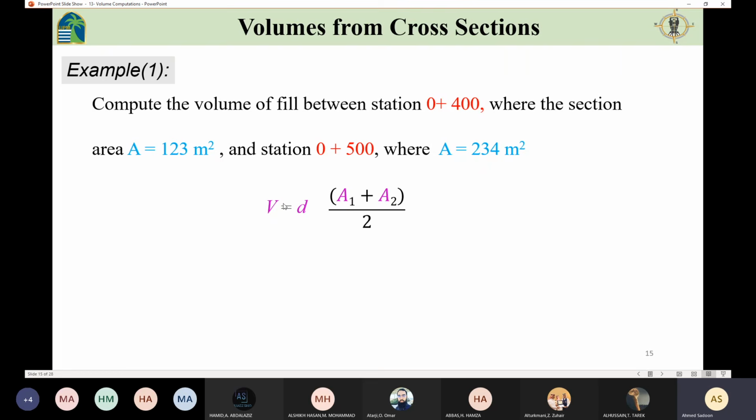So obviously the value of D is going to be 100, this one minus that one. The value of A1 is given here, and the value of A2 is given here. So I'm going to plug the numbers into the formula, and we can compute the value of the volume.